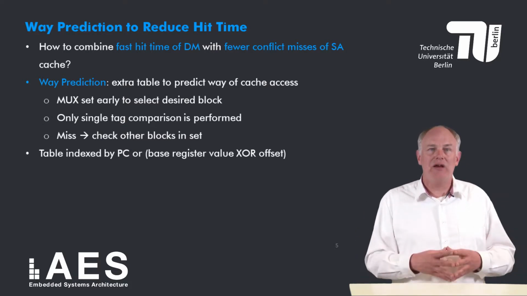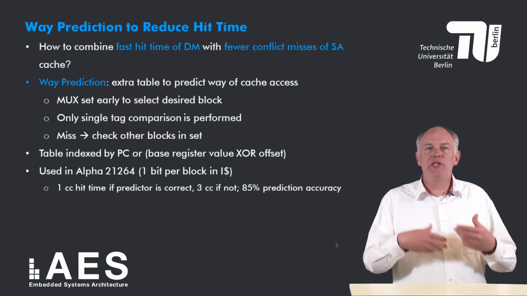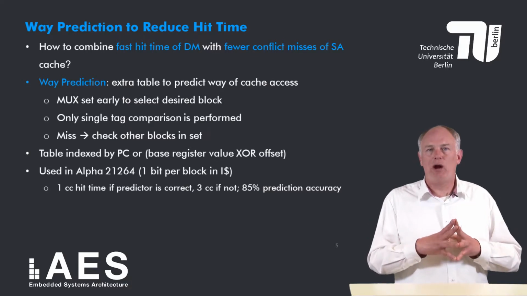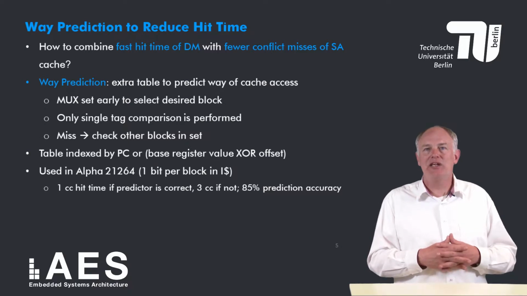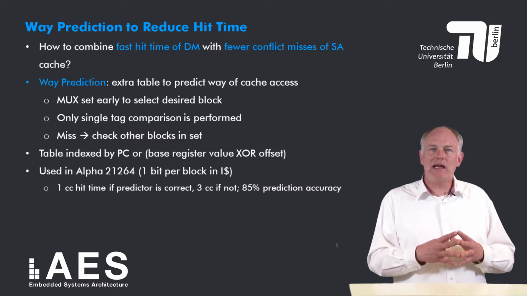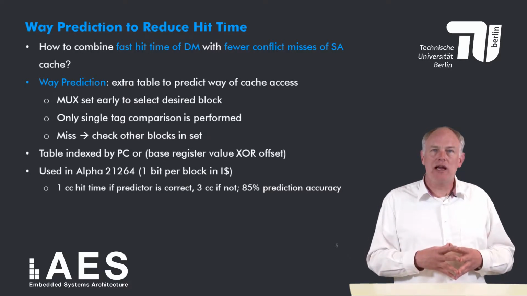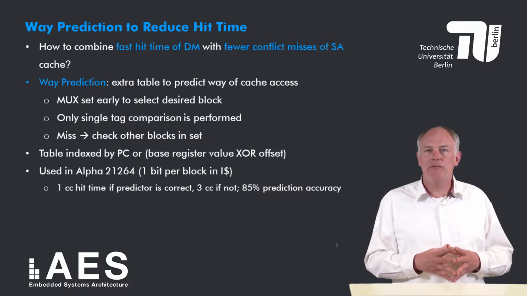before the effective address. Anyhow, way prediction has been used in the Alpha 21264 processor, and the prediction table has been integrated into the instruction cache with 1 bit per cache block. If the predictor was correct, then the hit time was 1 clock cycle and 3 if not. Furthermore, the prediction accuracy was about 85%.